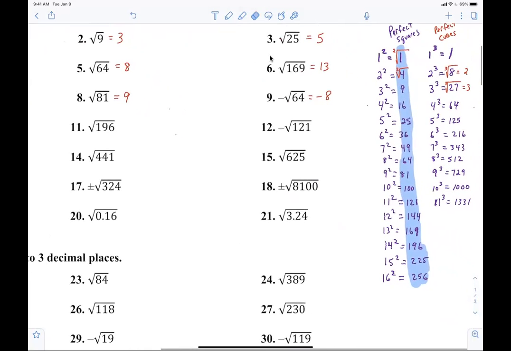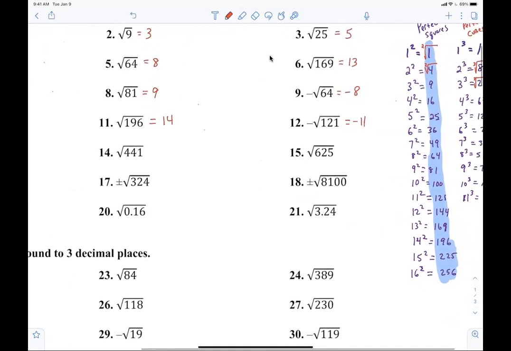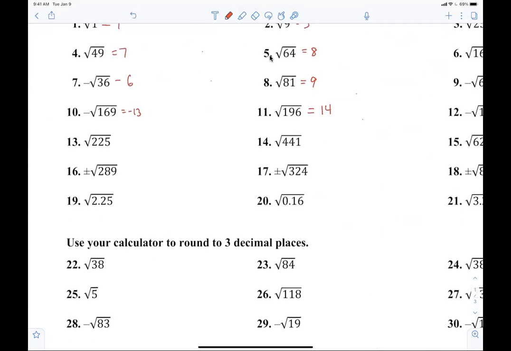What's the square root of 196? 14. Now write them down. Come on, Austin. You got to follow directions like everybody else. All right, number 12. -11. Yep, -11. All right. That is 15.